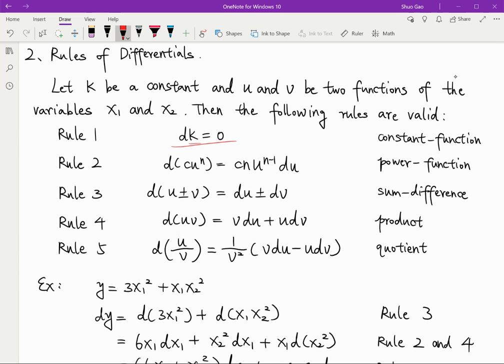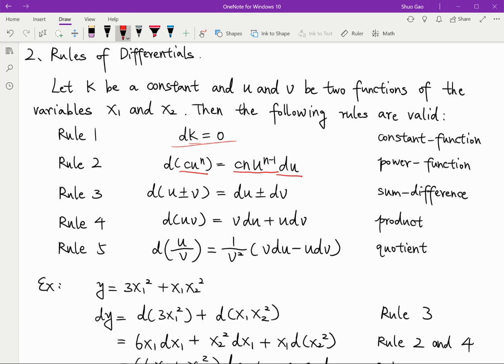So this is number 1. And then rule 2: the differential of c times u to the n, where c is a constant, equals cn times u to the n minus 1 times du. Right. So if we take the derivative of this function, it's just cn times u to the n minus 1, which is the power function rule we talked about before, times the small change of u, du.